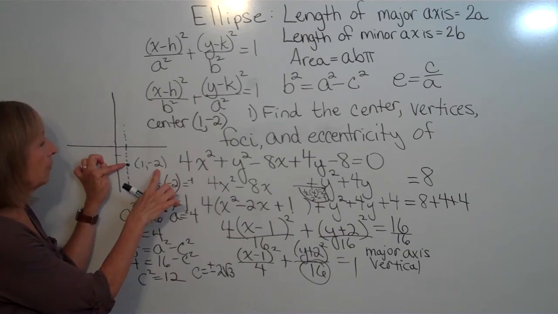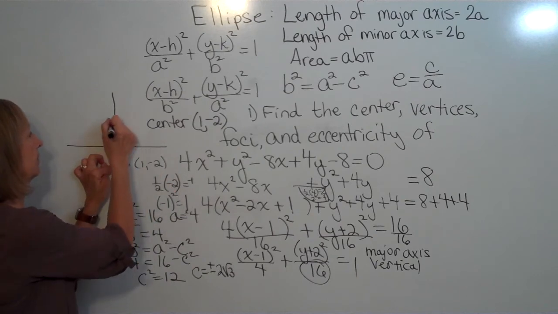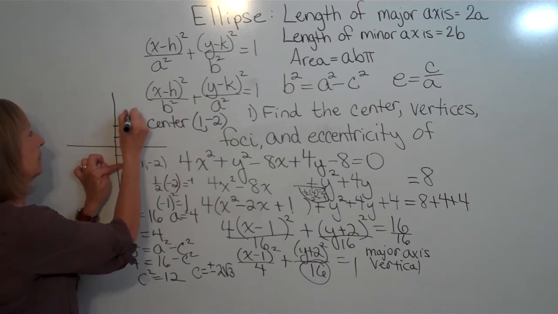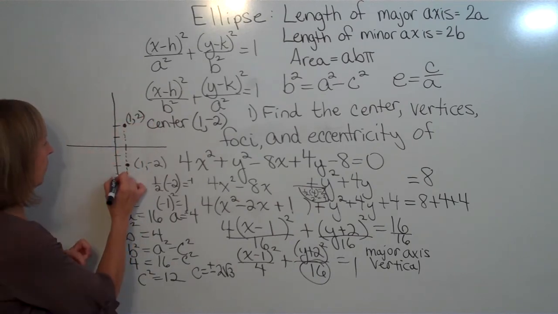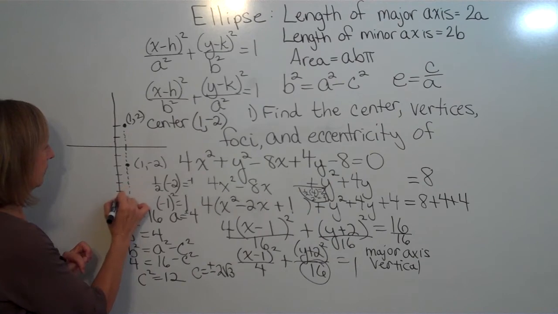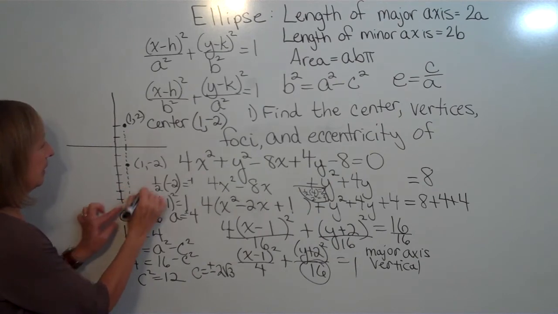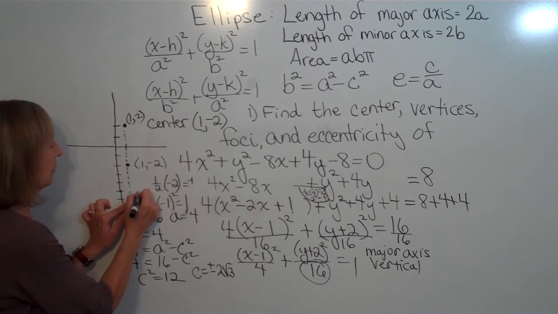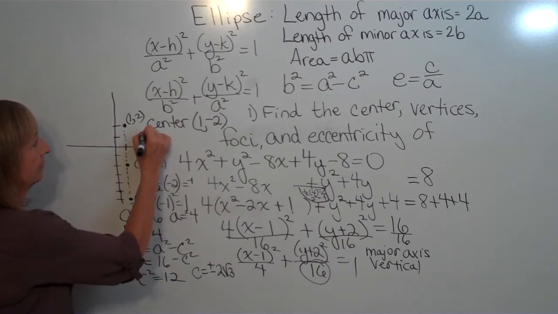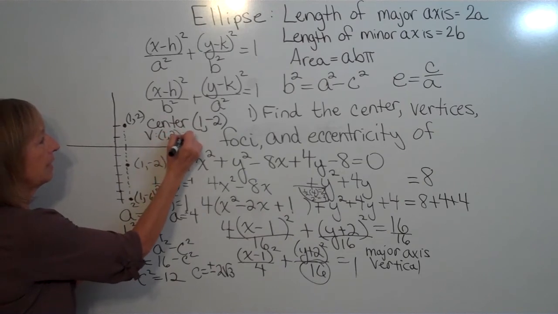So it'll be 1 comma negative 2 plus 4 is positive 2. And then subtract 4. Negative 2 minus 4 is negative 6 for my y coordinate, so it's 1 comma negative 6. So I have 1 comma 2, as well as 1 comma negative 6.